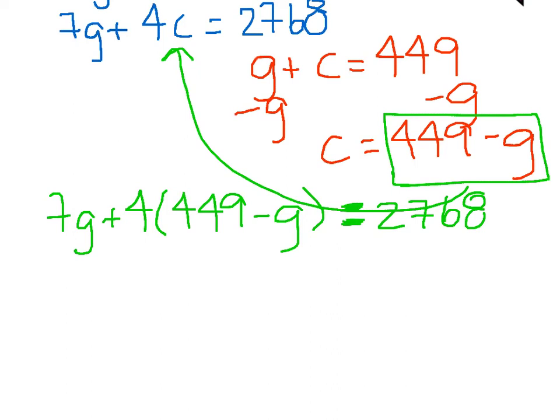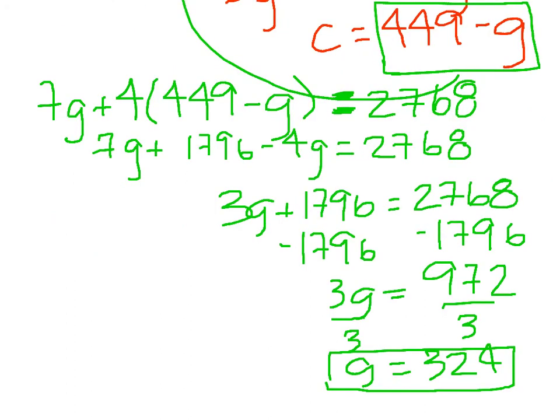Okay, go ahead, pause the video, and solve this equation for G. Okay, so now that you've solved for G, you should have gotten G equals 324. That means 324 general admission tickets were sold to the county fair on that particular day. If your answer doesn't match mine, pause the video, compare your work to mine, and see if you can find your mistake.